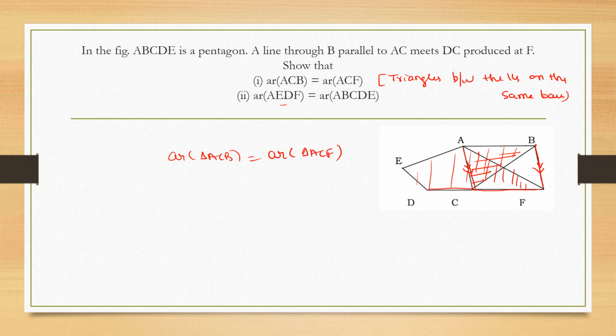I need AEDF on the right hand side, right? AEDF. That means this pentagon plus this triangle. So can I add pentagon? Not this pentagon really. This is a quadrilateral. Okay, can I add this common part ACDE on both sides? Sorry about that.